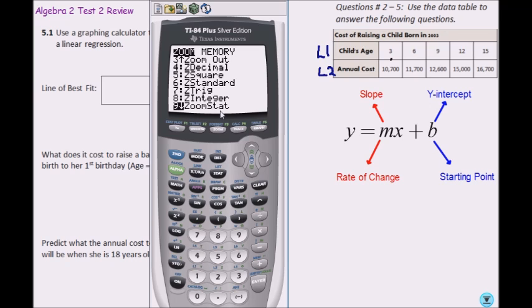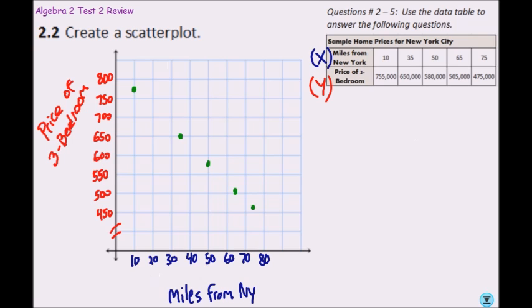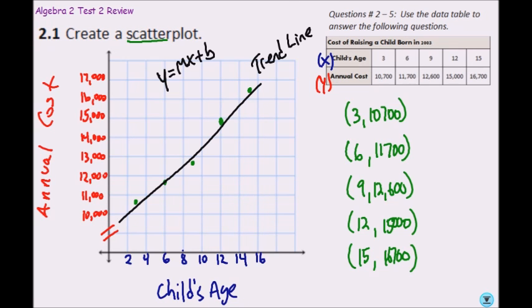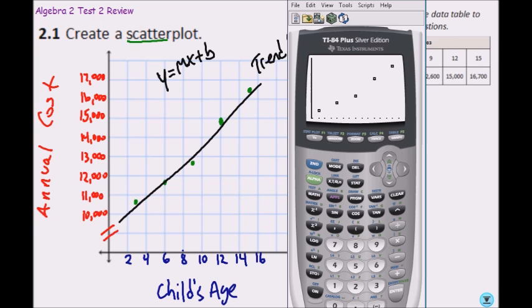So again, stat for statistics, and if I hit enter, there's my scatter plot, which if I went back to look at number 2, I would see there's my graph, there's the other one.